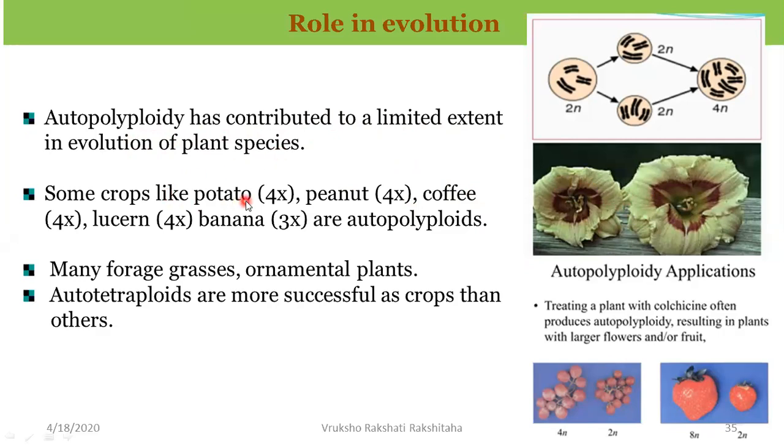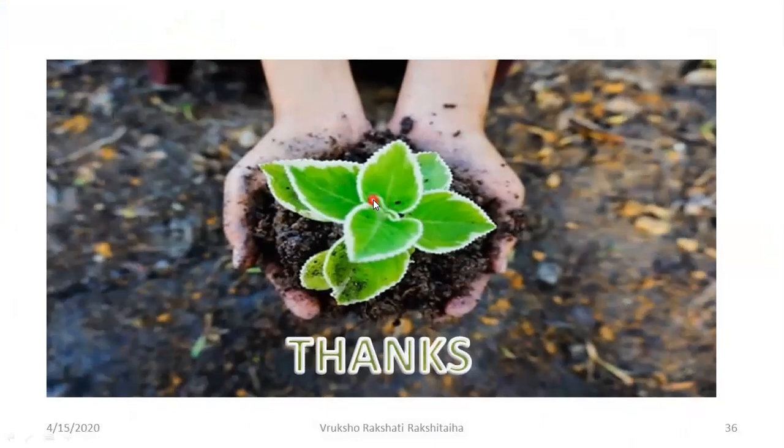Some crops like potato, peanut, coffee, lucerne, banana are found to be autopolyploids. Many forage grasses and ornamental plants are also autopolyploids, and autotetraploids are found to be more successful as crops than others. Well, students, thanks for your attention.